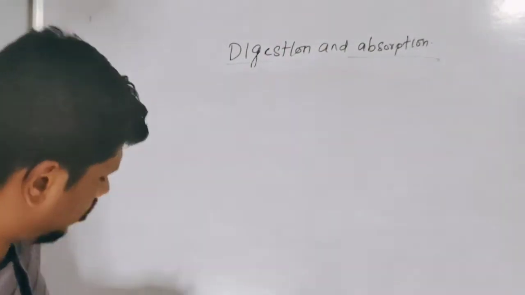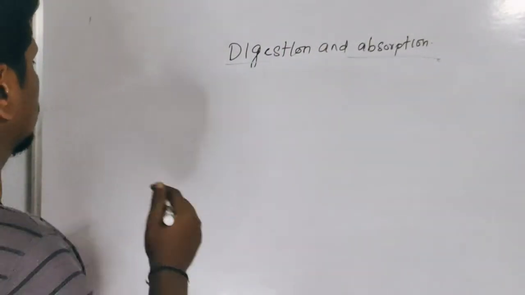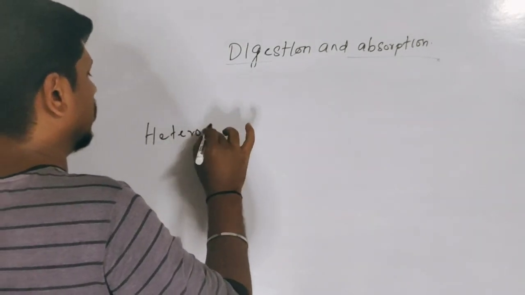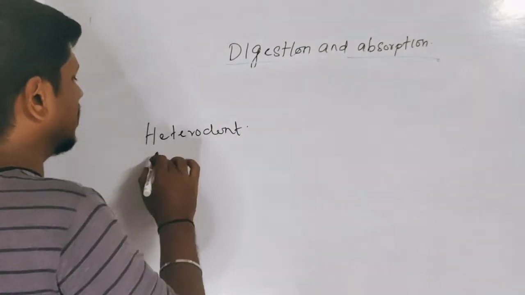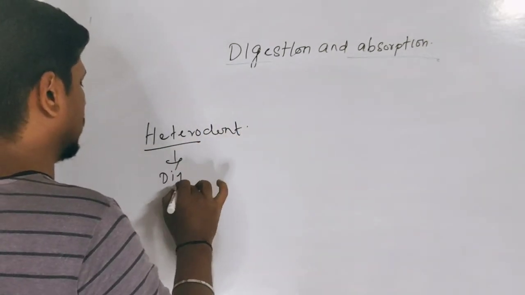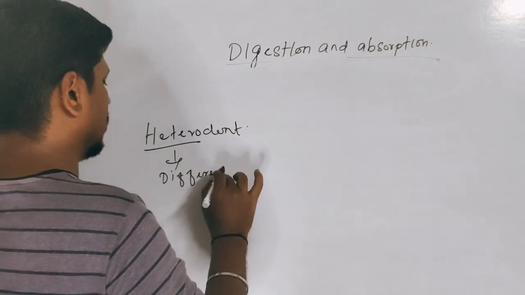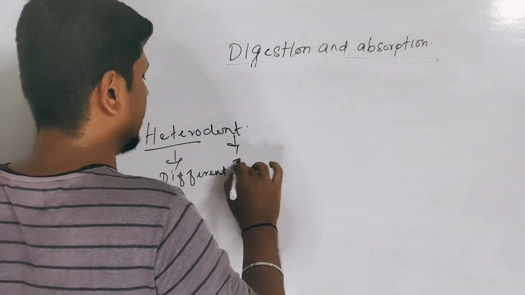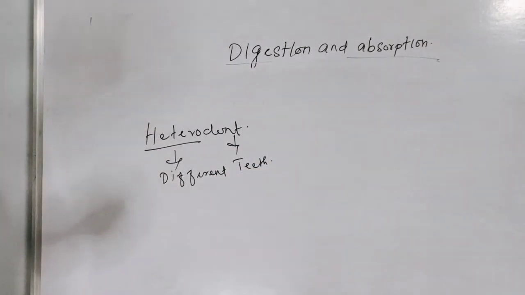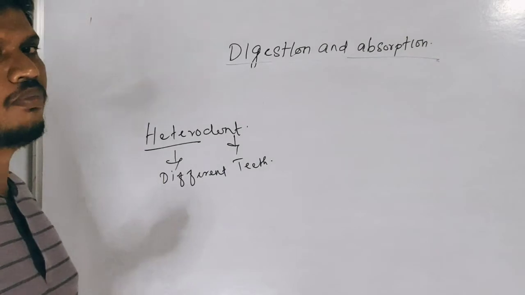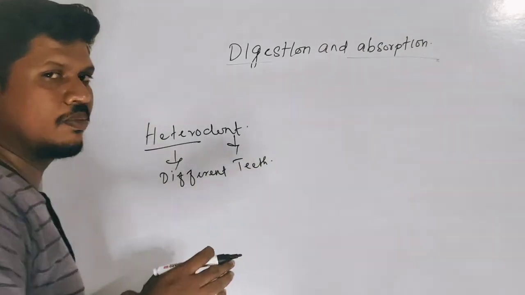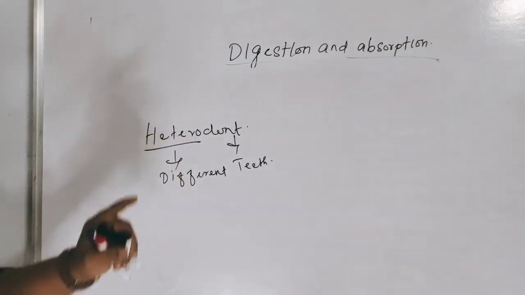Again, one more term also: heterodont. See, hetero means different. Dont means again teeth. Which means what? Different sets of teeth are present in our body, especially in human beings. They call it heterodont.